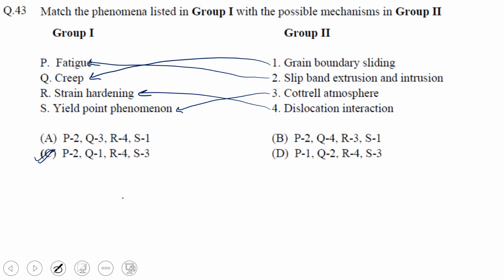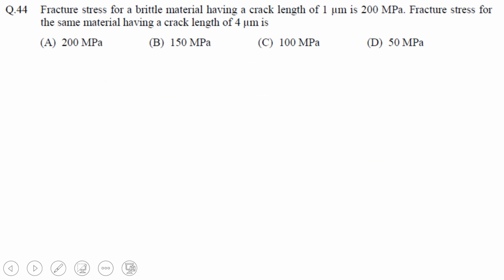Next, fracture stress for a brittle material having a crack length of 1 micrometer is 200 MPa. Fracture stress for the same material having a crack length of 4 micrometer is. So I think this is also a very easy question.